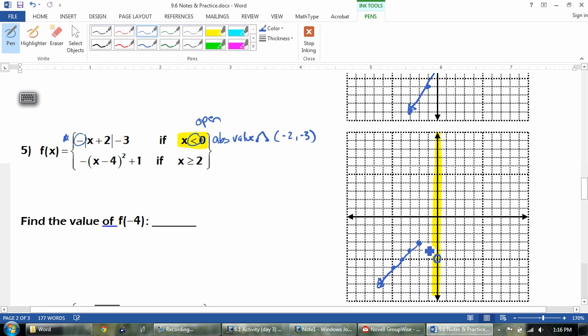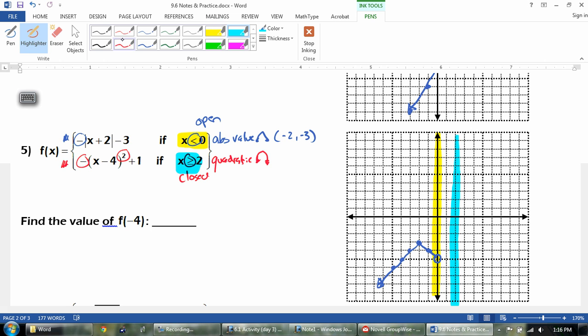And all I'm doing is following the pattern, guys, and if you forgot the pattern, you need to go back and watch the other notes. Okay? So I see a reflection of a quadratic. So that means we're going to be going down. I'm going to be closed, and that's going to be at 2. And then let's go ahead and graph, which we need the vertex of (4, 1). Okay?